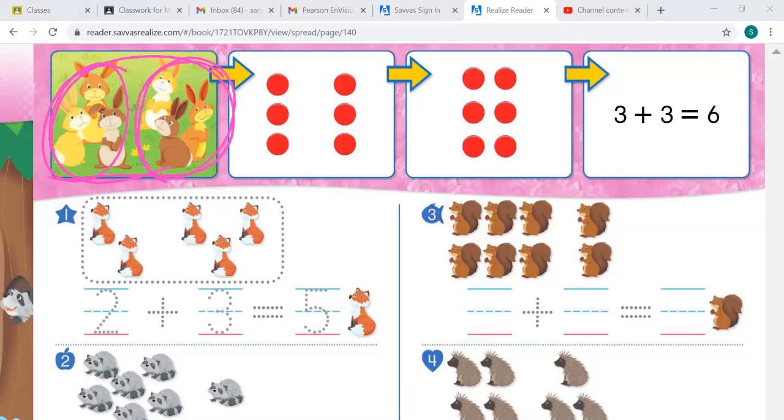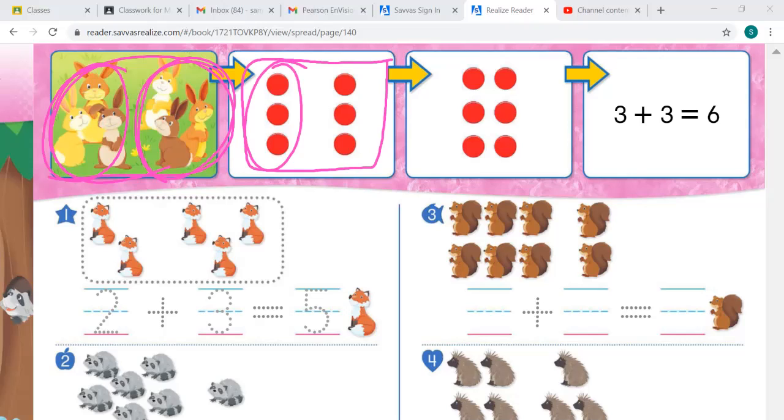How many rabbits are there in all? Let's look at our next box over here. How can you show your joining story with counters? We can make groups of 3 counters and then make another group of 3 counters. So what numbers would you write in a number sentence for these parts of the story?